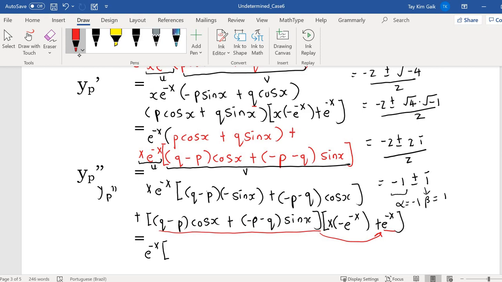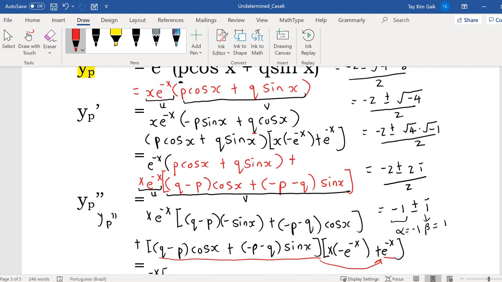Am I differentiating or missing something? Let me check. Y double prime, you got it already, but too messy.